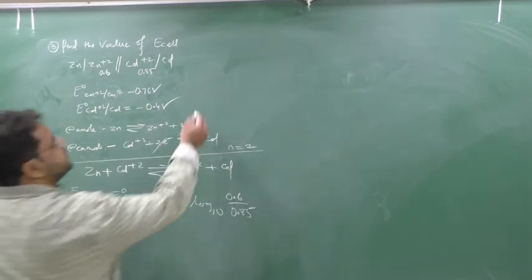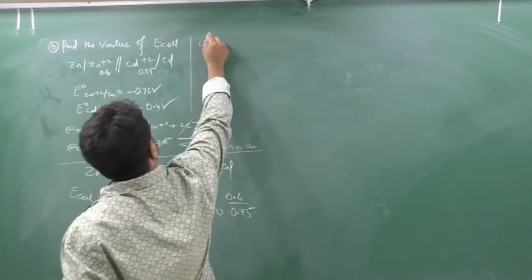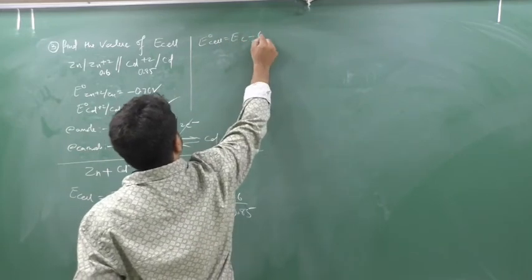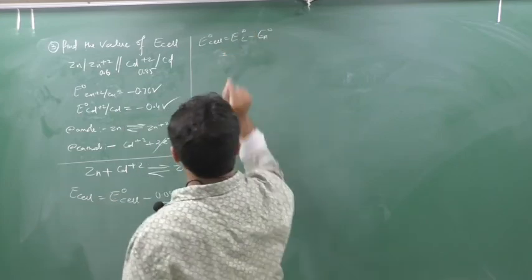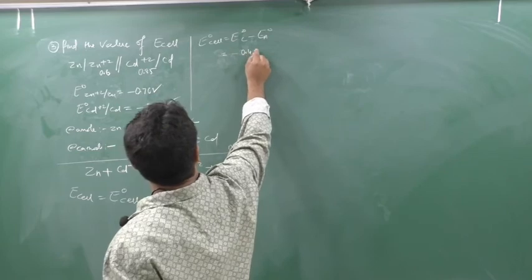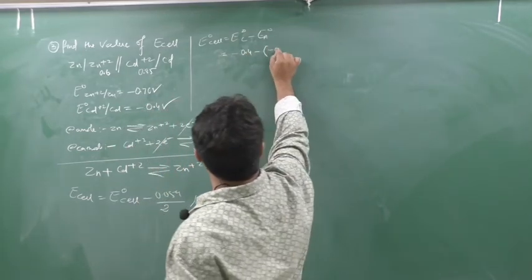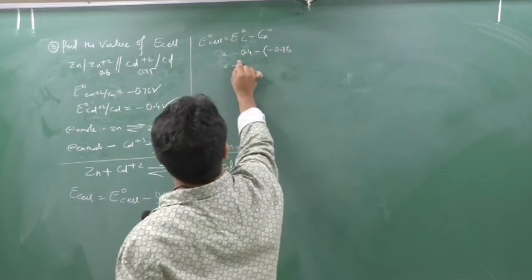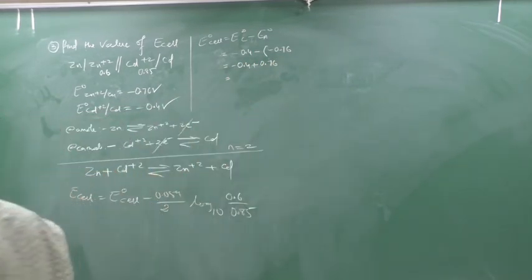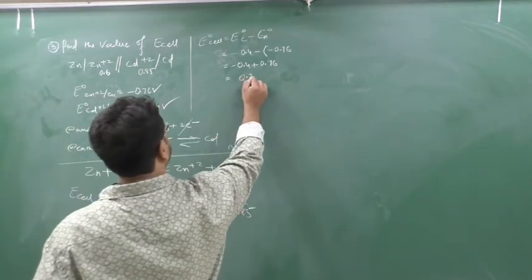E naught cell you can calculate, no beta. So, E naught cell equal to E right-hand side, that is E cathode minus E anode. Who is your cathode? Cd, that is minus 0.4, minus bracket minus 0.76, so minus 0.4 plus 0.76. So, 0.76 minus 0.4, 0.36 volt.